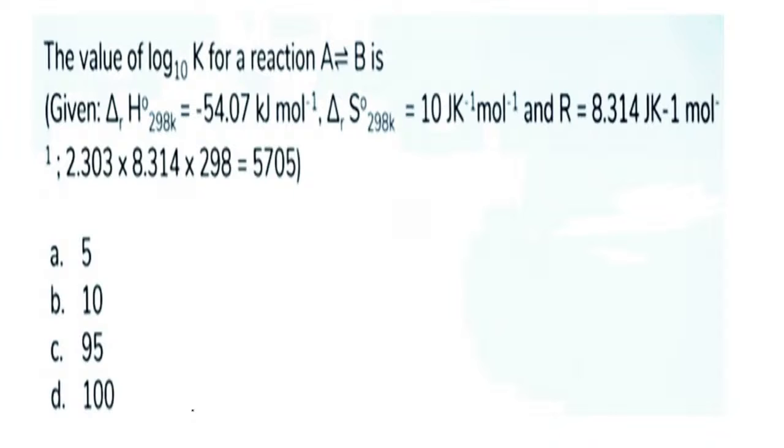Alright everyone, so what's the correct answer? No issues, okay? I'll be giving you 1 more minute for this question.